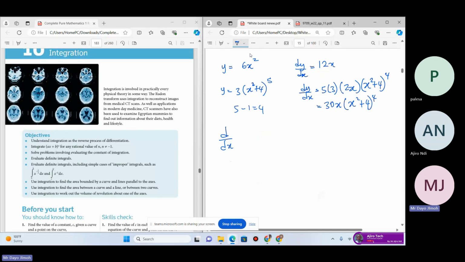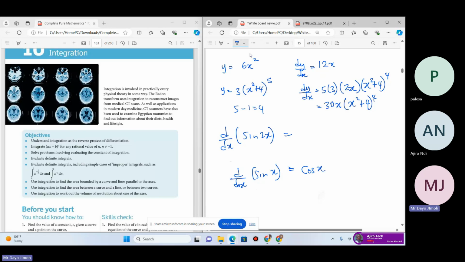So what if I want to find the derivative of sine 2x? What is the derivative of sine x? The derivative of sine x is cos x.